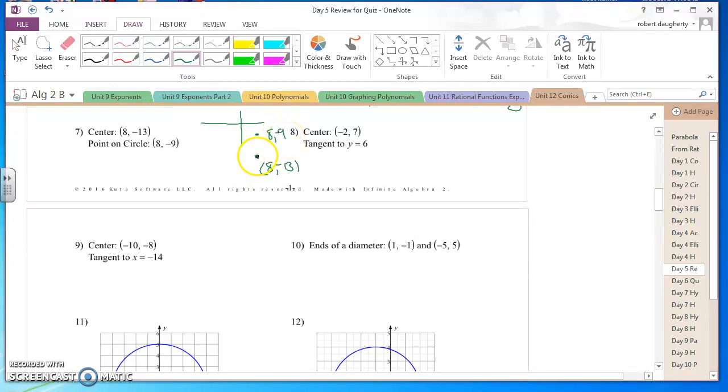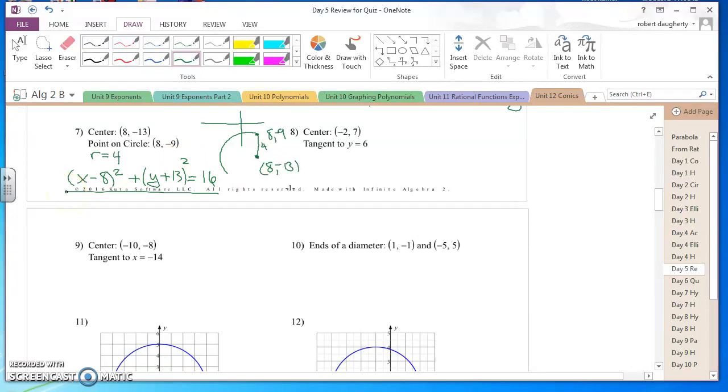So if this is the center, that point is on the circle, then it means my radius is, what's the difference between 9 and 13? That difference is 4. So this is a circle that has a radius of 4. So the equation is x minus 8 squared plus y plus 13 squared equals 4 squared, or 16.